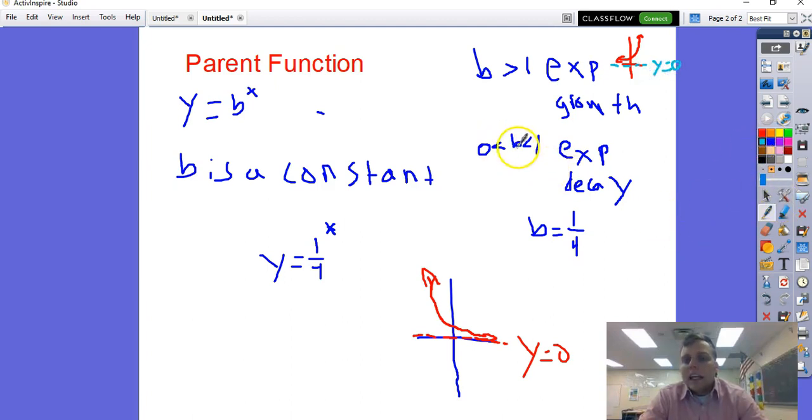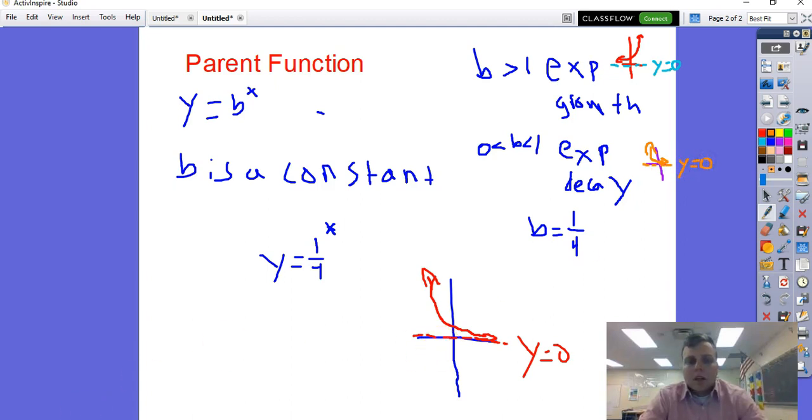Then, if b, your constant, is between 0 and 1, then we have exponential decay, which means I'm falling from left to right. But you still have your asymptote at y equals 0.